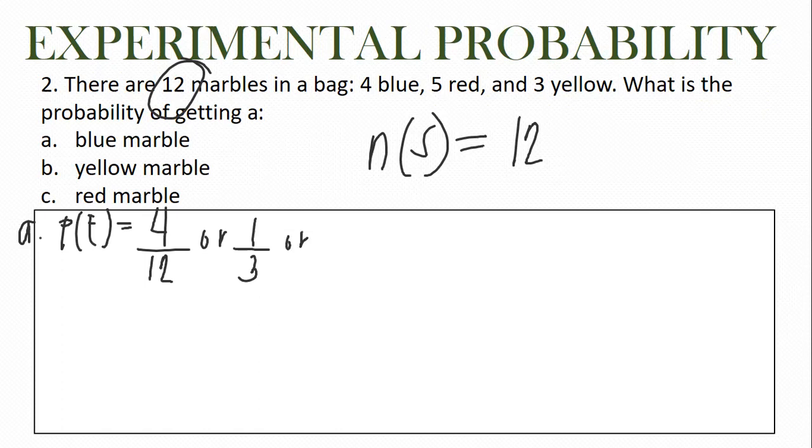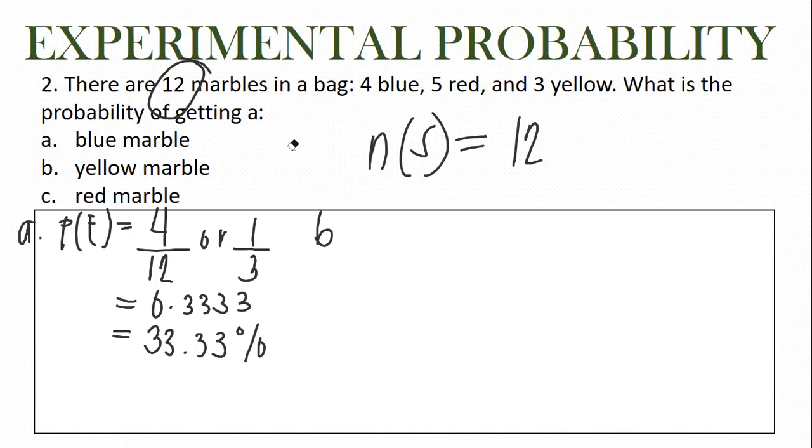Or, 1 divided by 3 is equal to 0.333 or 33.33%.